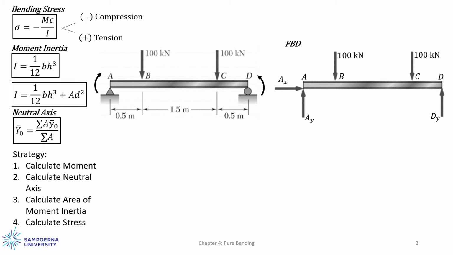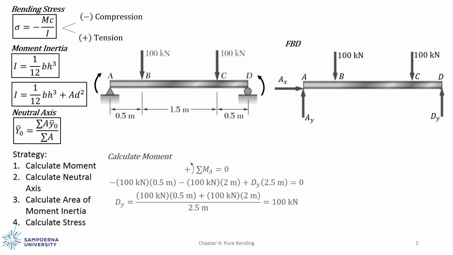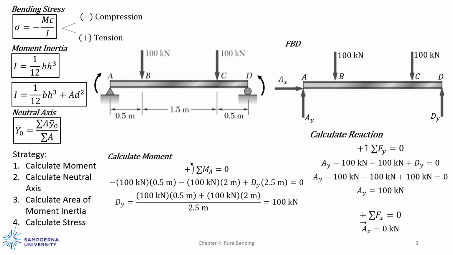As shown in the picture, there is a reaction force in the X and Y axes at A from the pin, and a reaction force in the Y axis at D from the roller. Assuming the beam is in equilibrium, we can find the reaction forces for both X and Y axes.